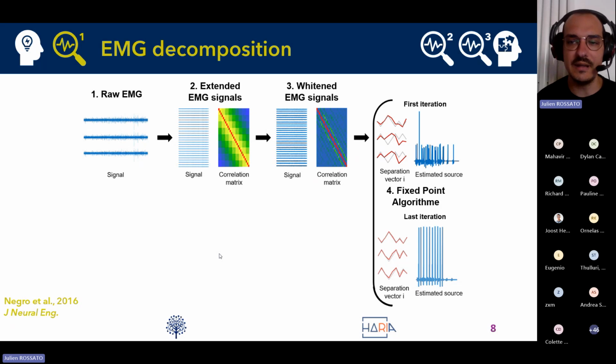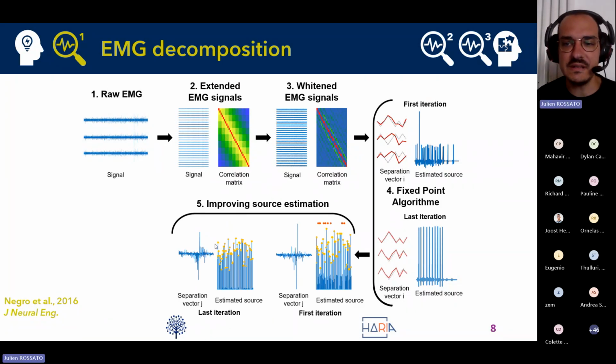This algorithm iteratively applies a contrast function to the signal, and the result is a separation vector. This separation vector can be applied to the signal to extract sources. The local maxima of these sources are then considered as discharge instants.